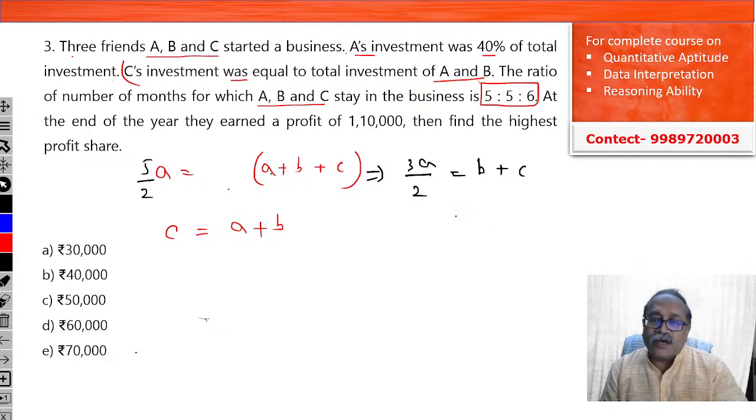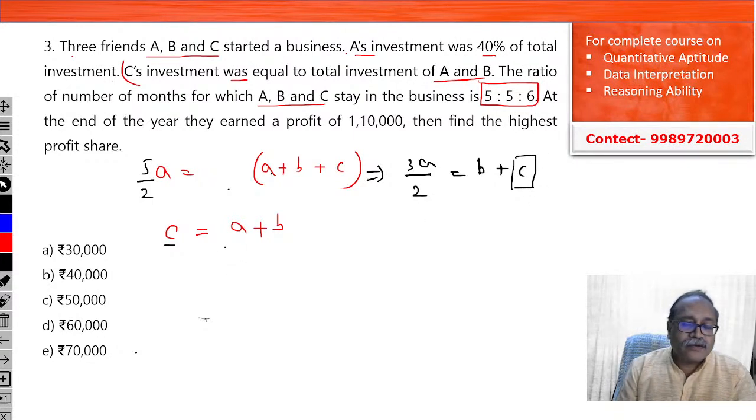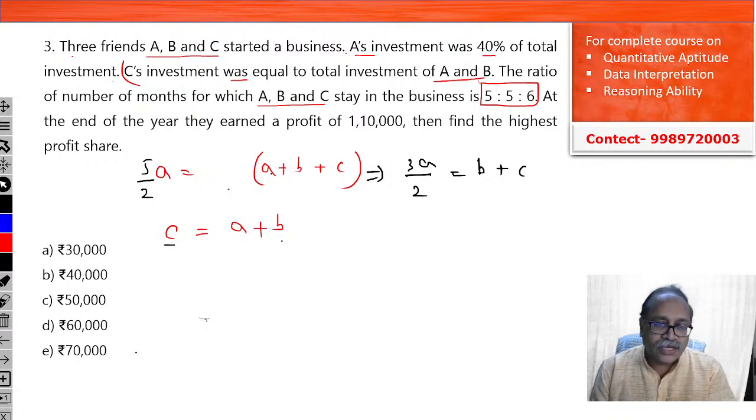Okay, B plus C. The next one what I need to do is, the C is equal to, what I am going to do is substitute the second one in the first.